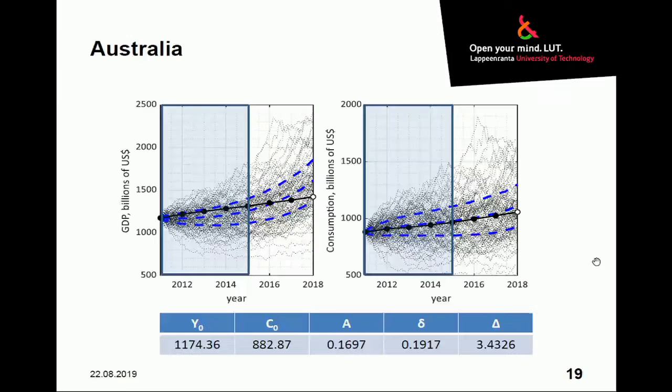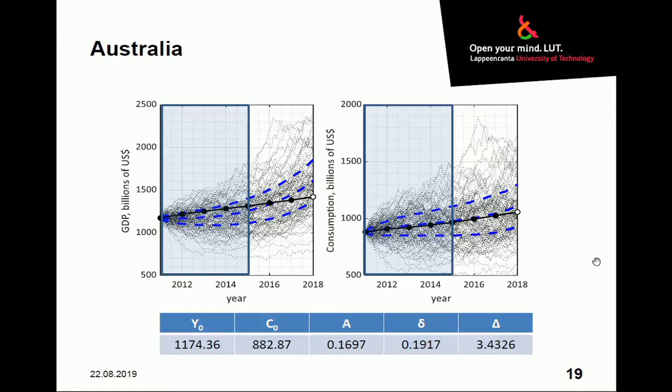So now about the examples of the calculation results. All the results were obtained as follows. We have chosen the calibration period, from 2011 till 2015. It is a post-crisis period, so we could assume that the calibration procedure will give a stable result.